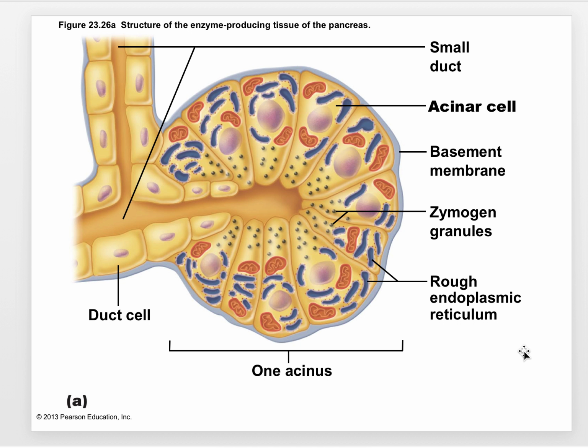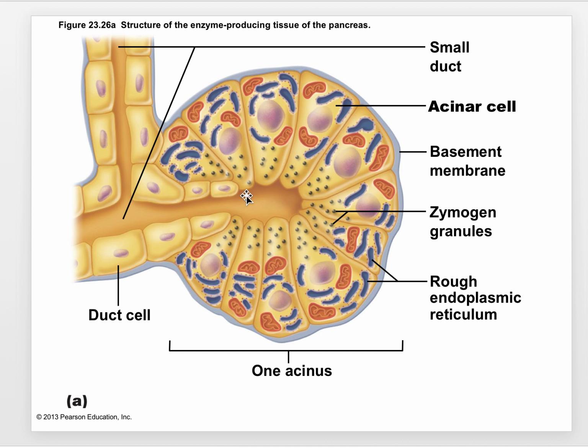This is a cartoon of the pancreas. You have acinar cells, which produce the digestive chemicals. They're released into a duct.